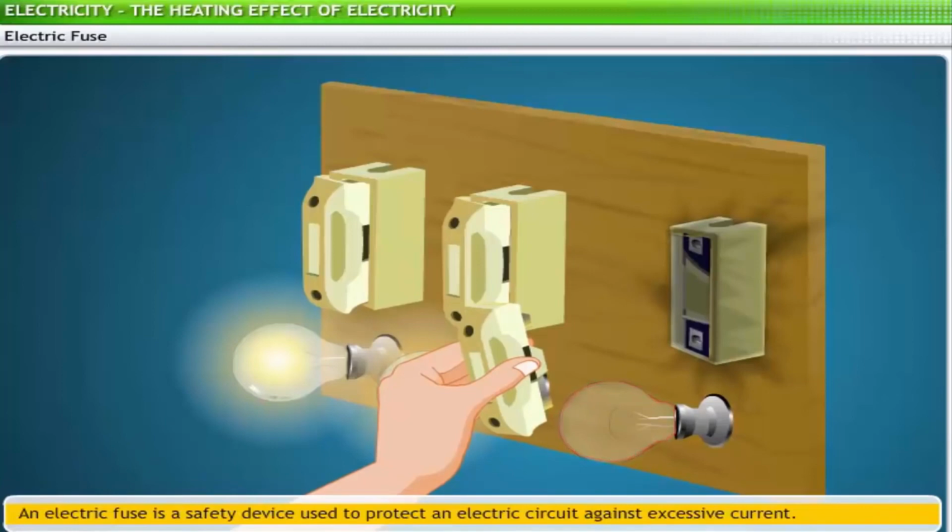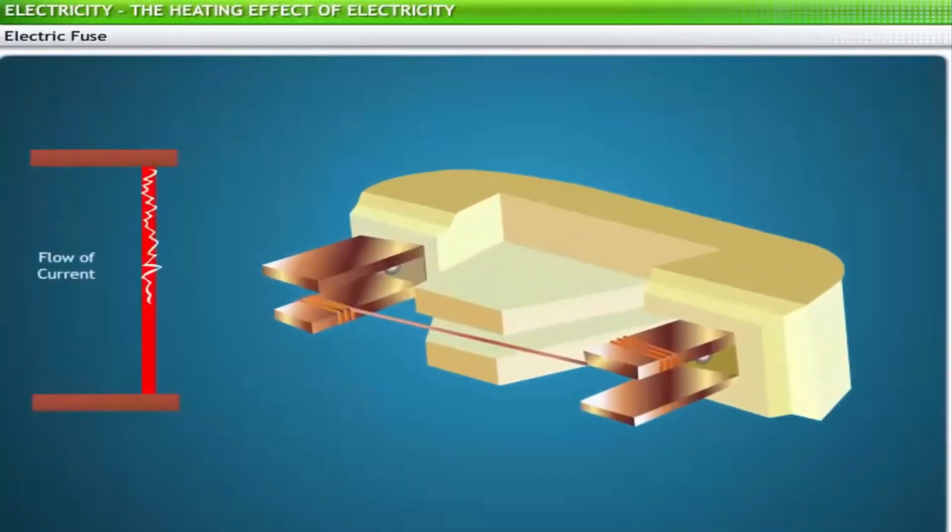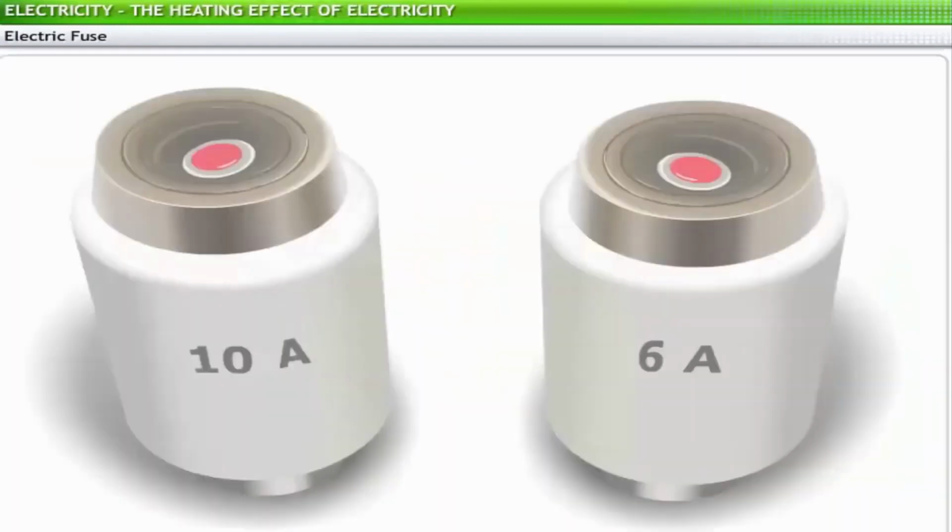supply. An electric fuse contains a fuse wire that is designed to withstand a particular amount of electricity flowing through it. When the electric supply fluctuates and the current becomes too strong for the wire, it melts and breaks the supply of electricity.